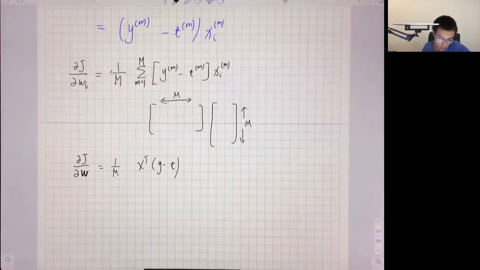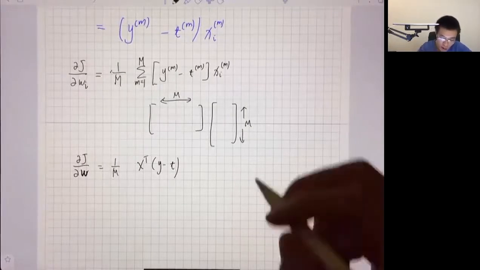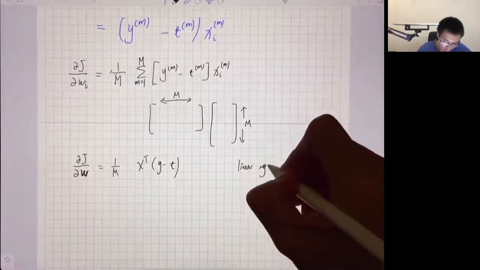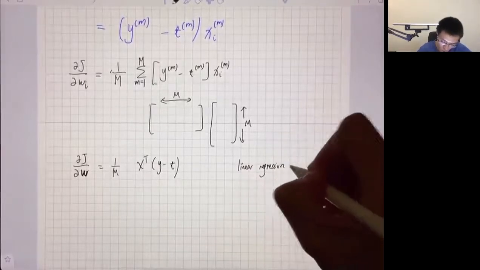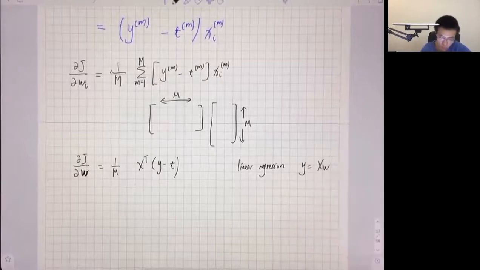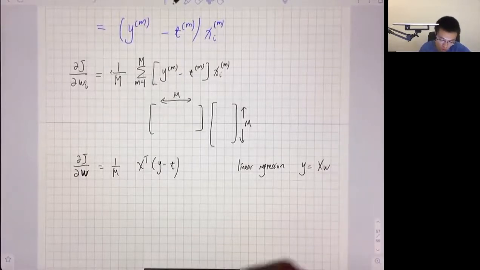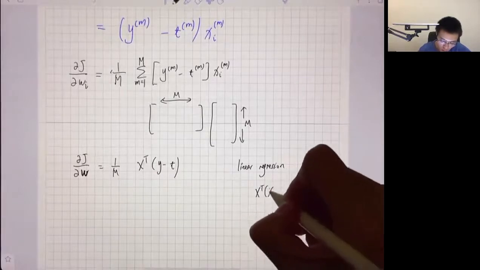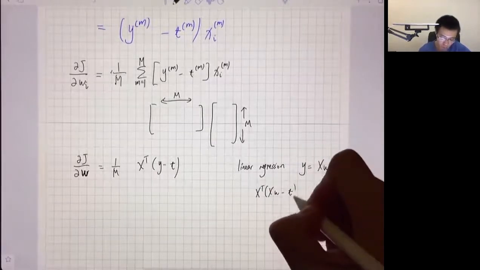Okay. So you remember in linear regression, my output Y is actually XW, right? But the derivative for linear regression is this term, if you remember, okay?